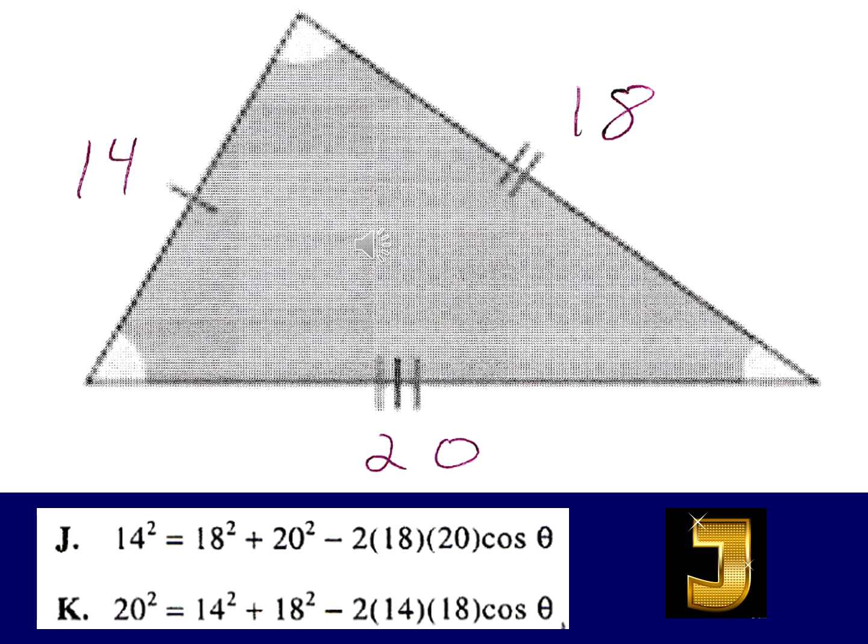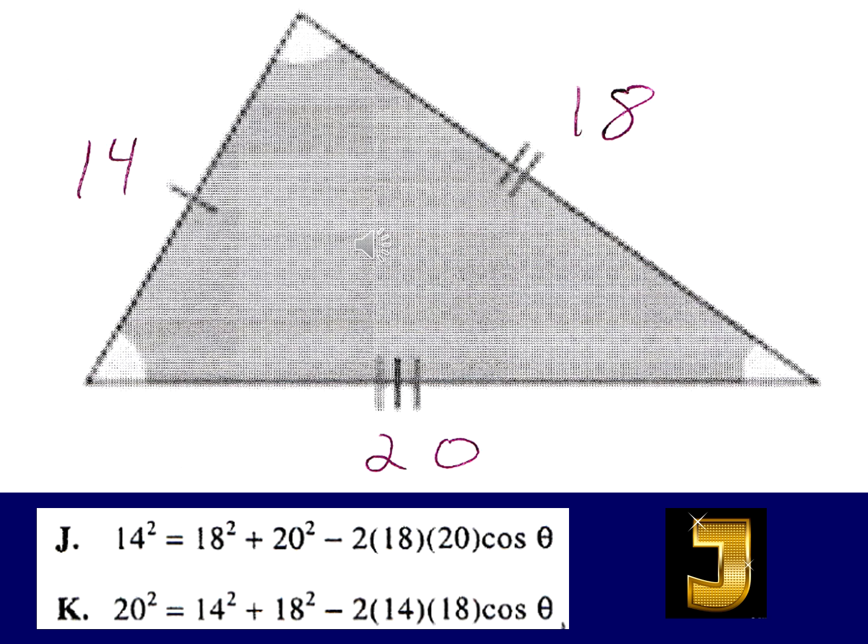Now I drew a picture of what this would look like. It says it's an acute triangle, and the sides that are involved here are 14, 18, and 20. So the shortest side's 14, the medium side's 18, and the big side is 20. When you write out the law of cosines, you always match up at the beginning and end the side and angle that are across from each other.